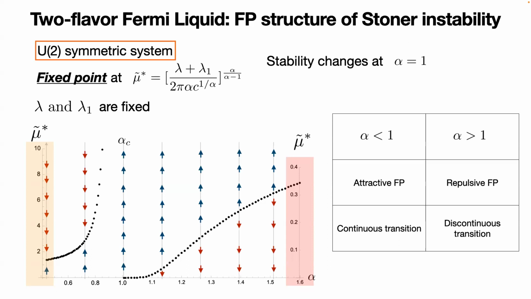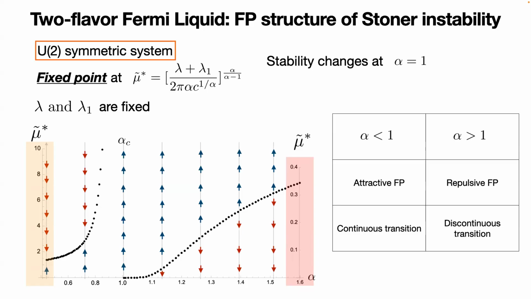So here, by tuning this alpha, we can change the stability of the fixed point. From this figure, the vertical axis is the rescaled chemical potential. The horizontal axis is alpha, the exponent of the dispersion.